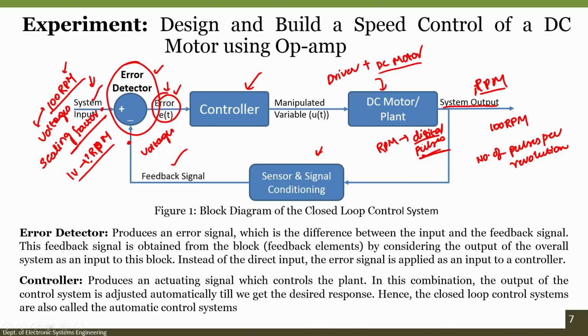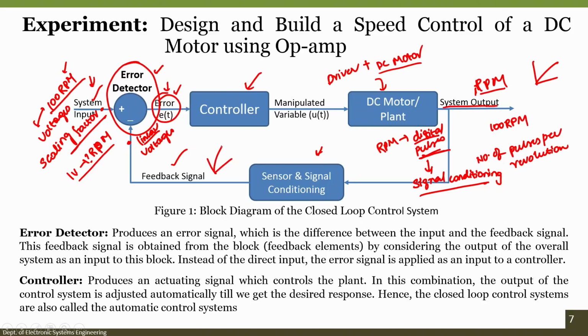So, what we have to do is build a signal conditioning circuit, such that the output of the sensor is interfaced to the signal conditioning circuit, which converts the digital pulses into linear voltages. Why am I saying linear? Because a linear change of RPM should result in a linear change of output voltage.